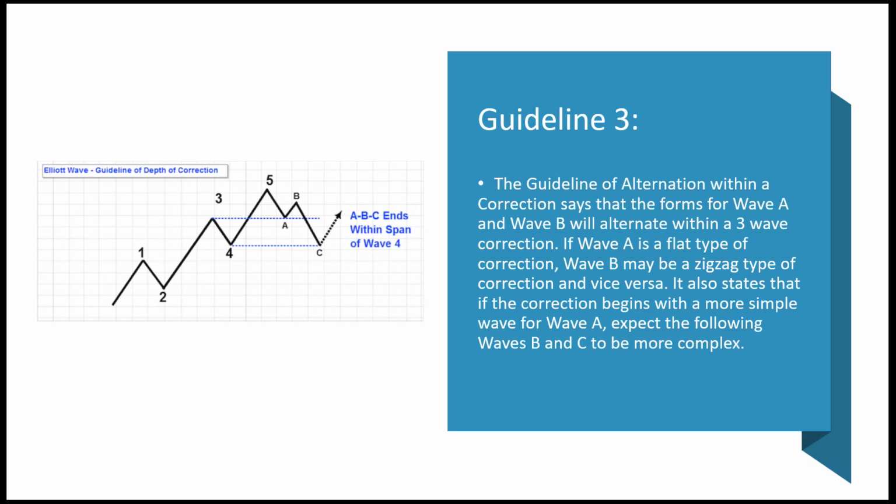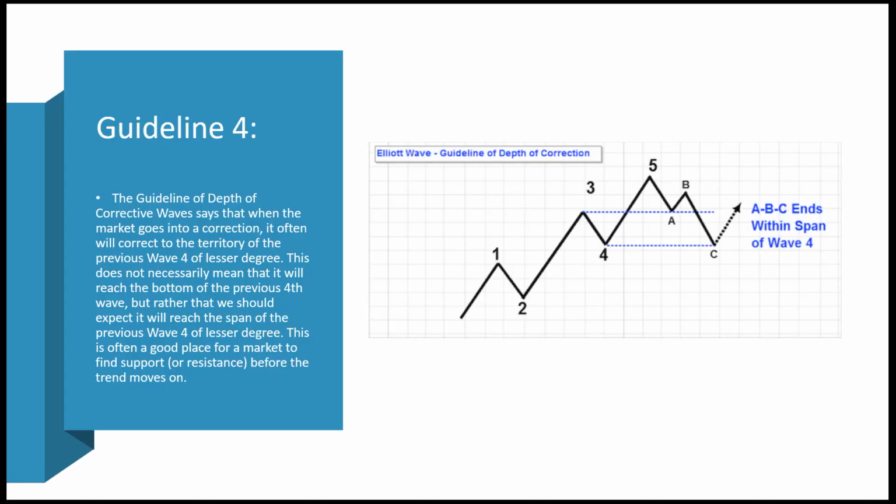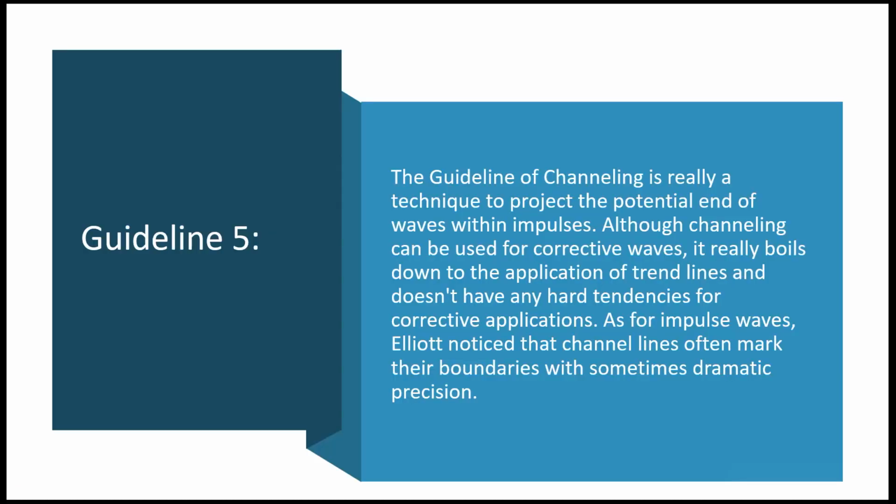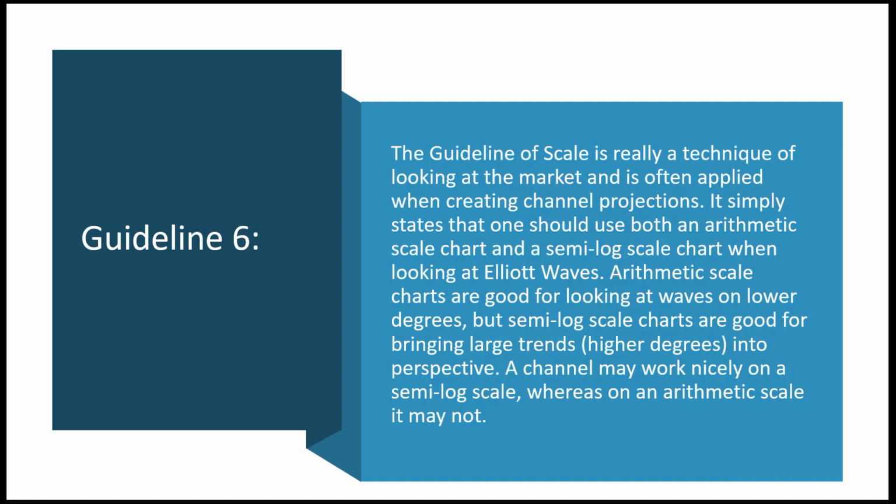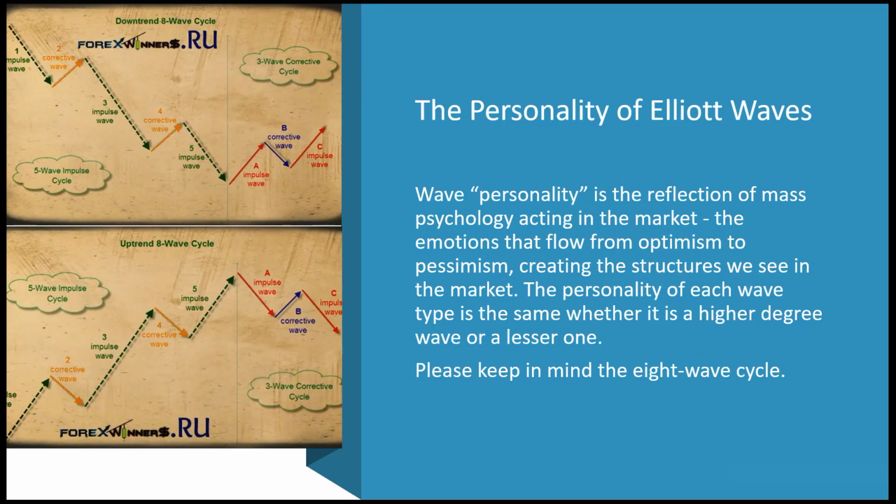Guideline three, the guideline of alternation within a correction. Guideline four, the guideline of depth of a corrective wave. Guideline five, the guideline of channeling. Guideline six is the guideline of scale. And so on and so on.